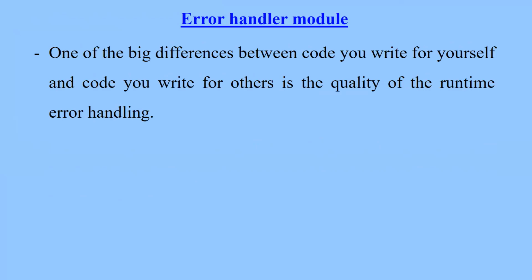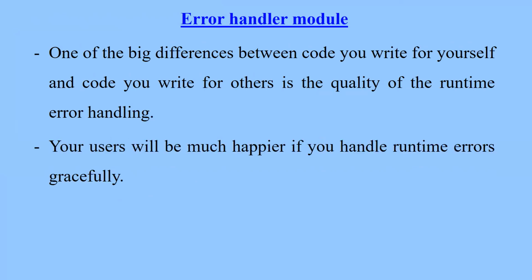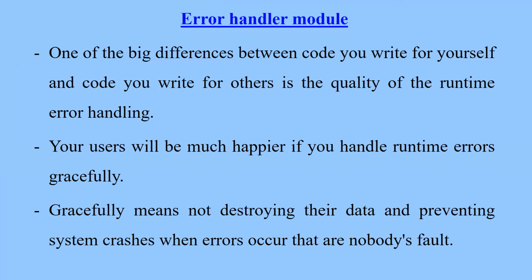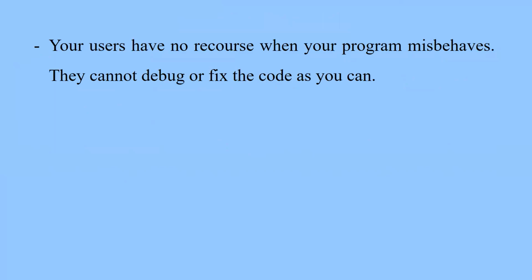One of the big differences between code you write for yourself and the code you write for others is the quality of the runtime error handling. Your users will be much happier if you handle runtime errors gracefully. Gracefully means not destroying their data and preventing system crashes when errors occur that are nobody's fault. Your users have no recourse when your program misbehaves.